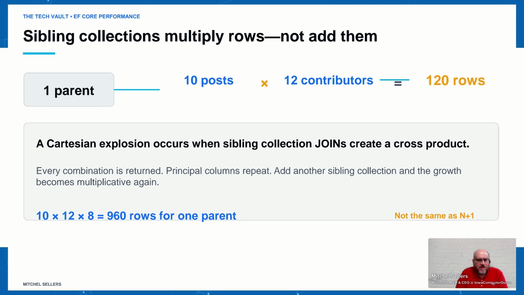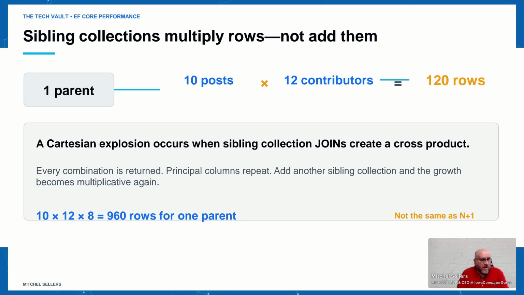We talk a lot of times about a Cartesian explosion being a scenario where we bring in more data than what we need, and that results in more data being processed. The reality here is that the sibling collections multiply the rows and they don't add to them. So if we have a parent item that has 10 posts and 12 contributors, we get 120 rows. As we continue on and make a more and more complex situation, it's very easy to get this completely out of control.